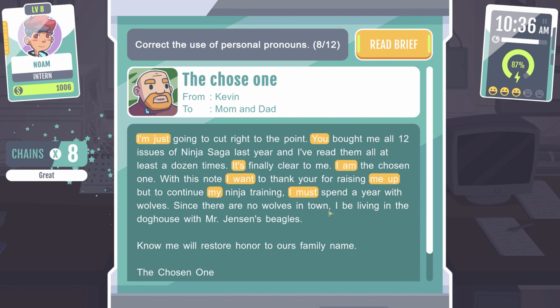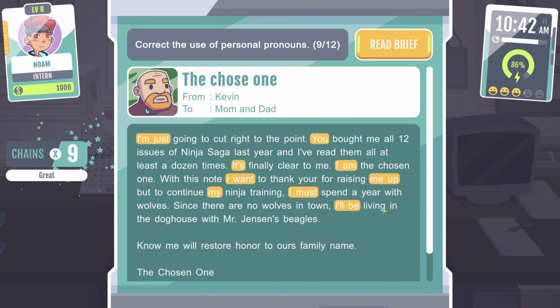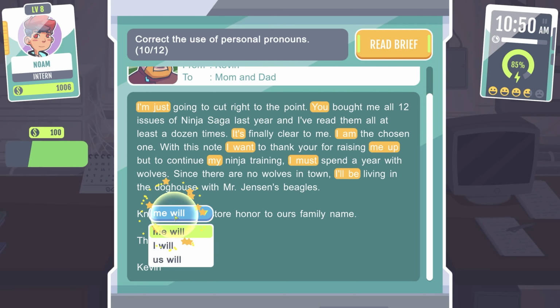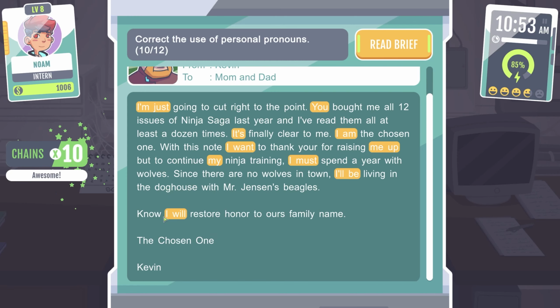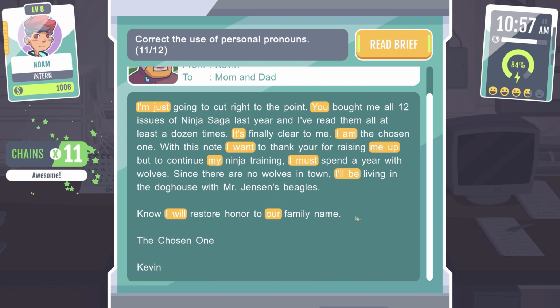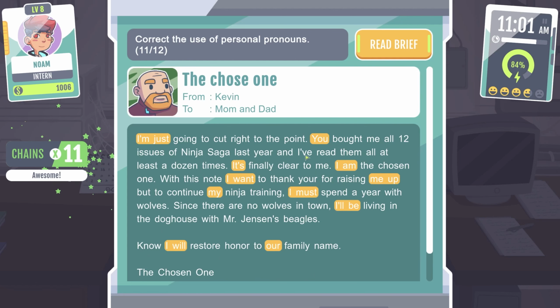Since there are no wolves in town, I'll be living in the doghouse with Mr. Jensen's beagles. Know me? No, I will restore honor to our family name. The chosen one, Kevin. What did we miss?